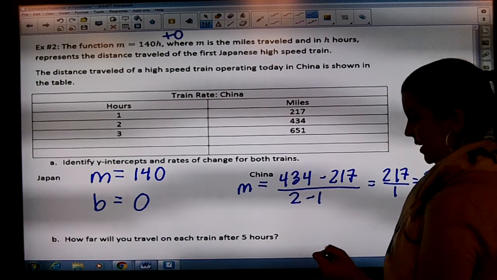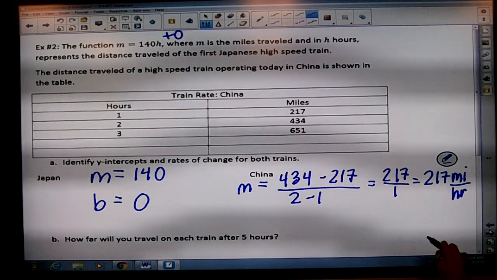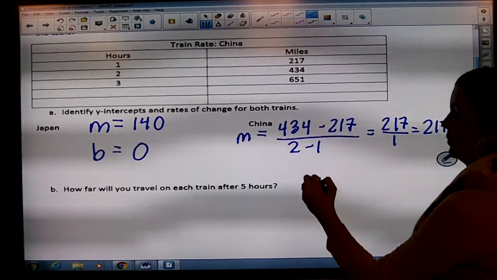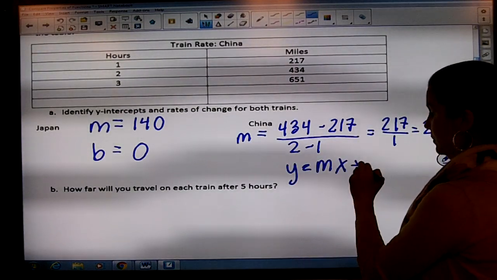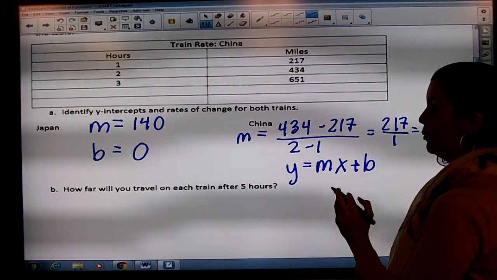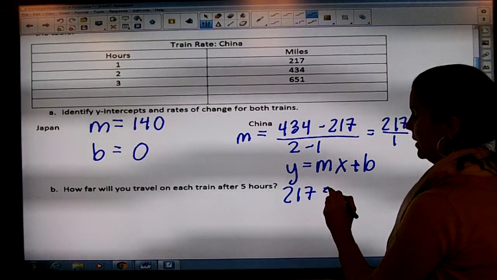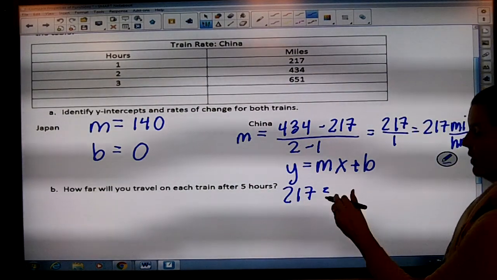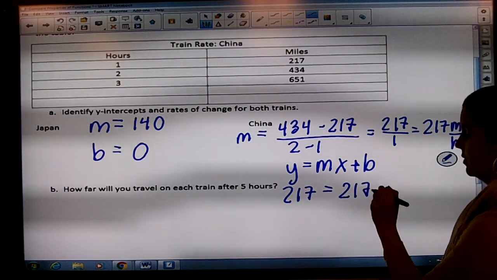The y-intercept we can calculate also by using y equals mx plus b form. I'm going to choose an output, 217. I know my slope because I just calculated it, and it's equal to 217 as well.